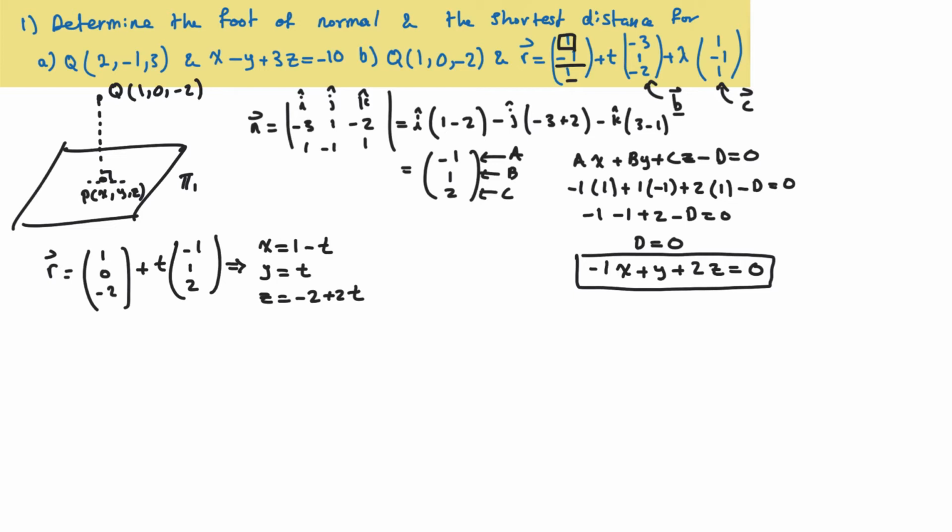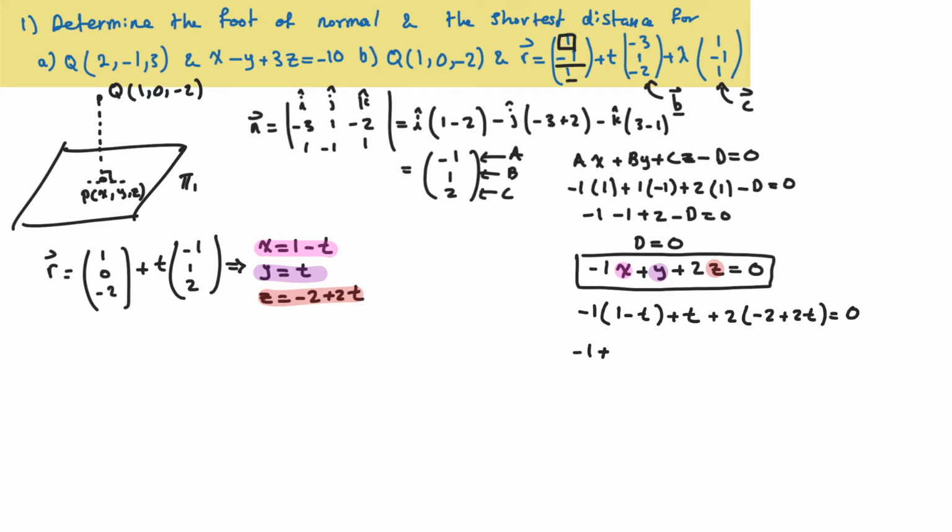Now to find the foot of the vector, I'm going to plug this x value into here, the y value into here, and the z value into here, and solve for t. And that will give me the scaling factor from point Q of how far it is in that direction vector where our point P meets the plane. So I get -1 times the x, which is 1 minus t, plus y, which is t, plus 2 times z, which is -2 plus 2t, is equal to 0.